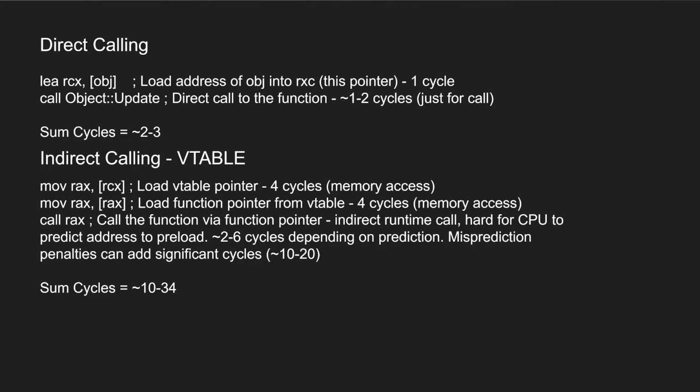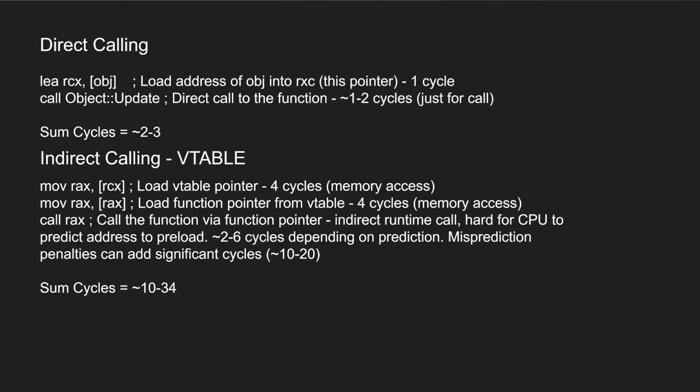Because of that, the CPU will try to predict it, and if the prediction fails, we can lose 10 to 20 cycles, again depending on the CPU, but I guess you get the idea. And when we sum the cycles, even in the best case, the vtable is 3 to 5 times slower, right?